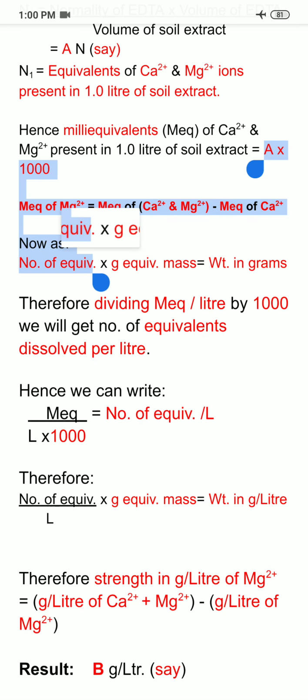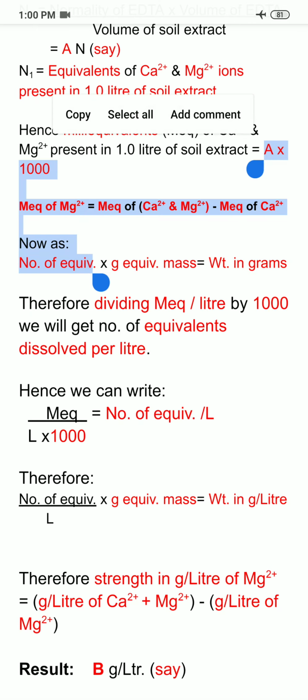Now further, if I ask how you will convert the number of equivalents into weight, you will say that we will multiply the number of equivalents by the gram equivalent mass. Suppose I am having 2 equivalents of sodium hydroxide. How much would be the weight of 2 equivalents of sodium hydroxide?